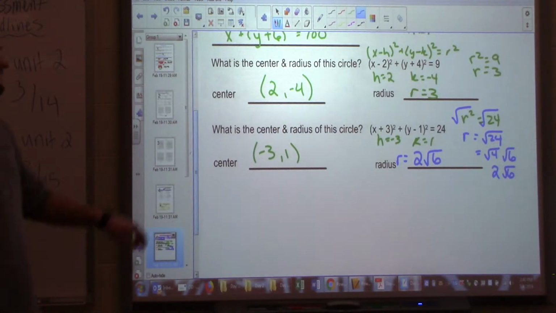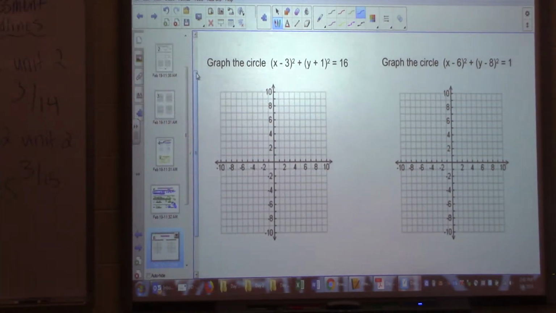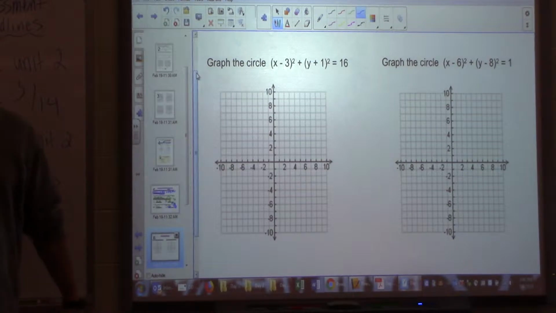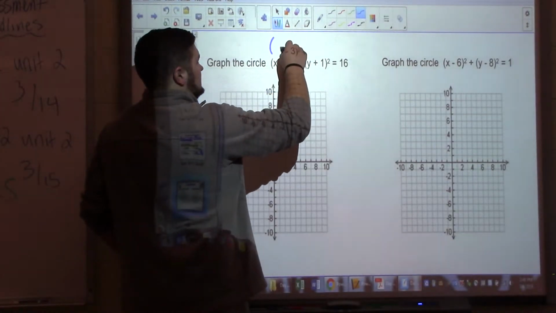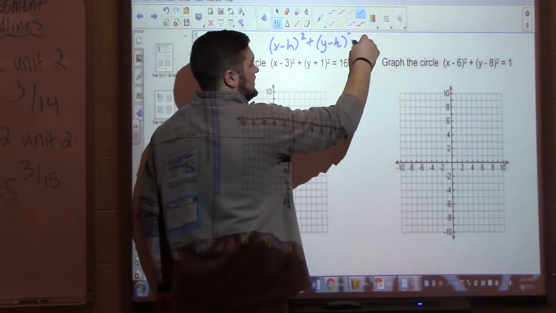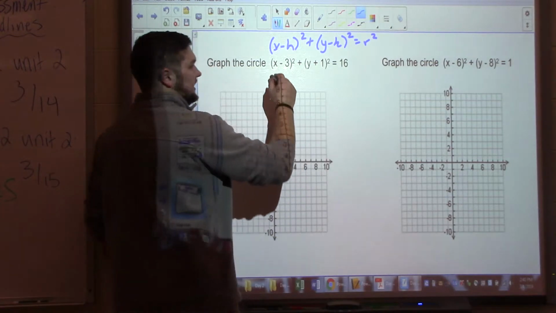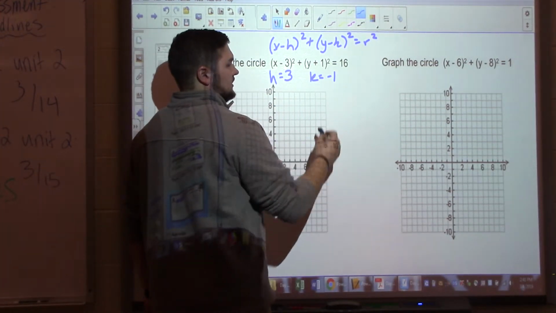Alright. Now let's talk about graphing these circles. Same thing we did on Friday. Start at your center, go up, down, left, and right with your radius, except now our center's moved. So in this case, (x minus h) squared plus (y minus k) squared equals r squared, I get h is 3, k is negative 1.